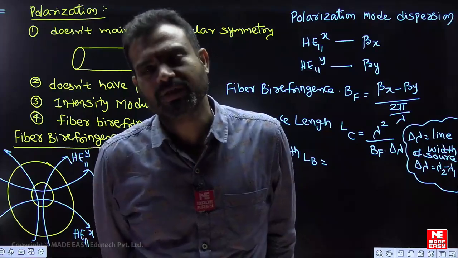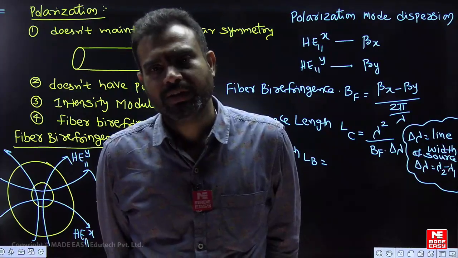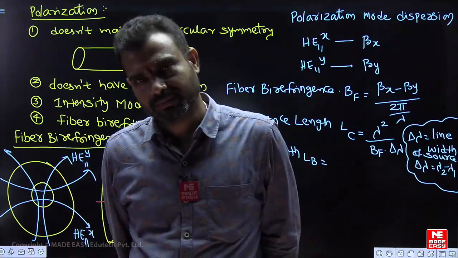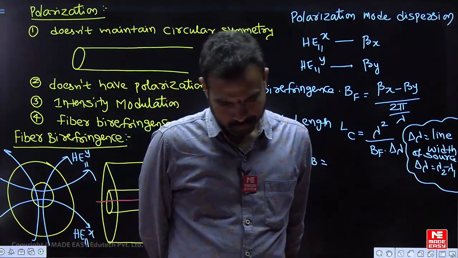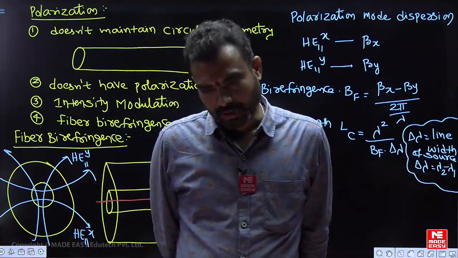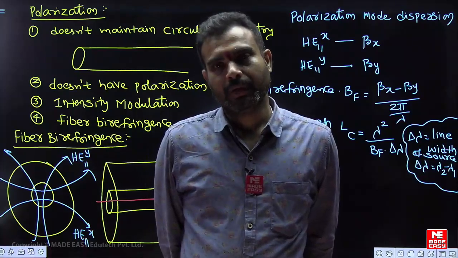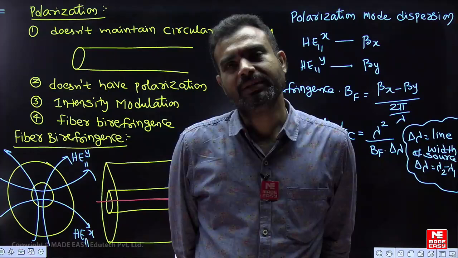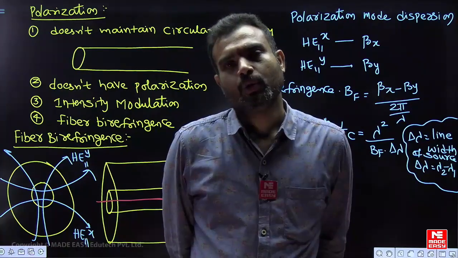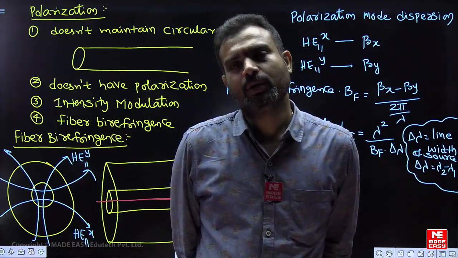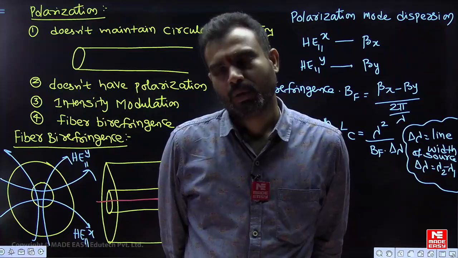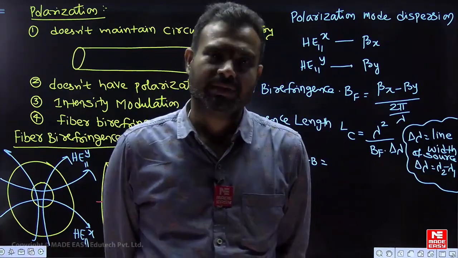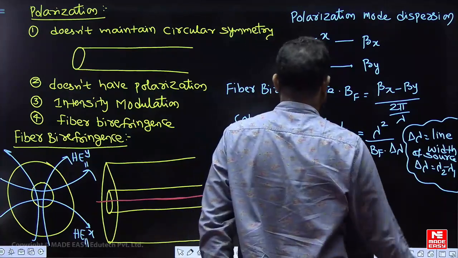I explain once again: the length that two degenerate modes travel to have a phase difference between them of 2 pi is called the beat length.